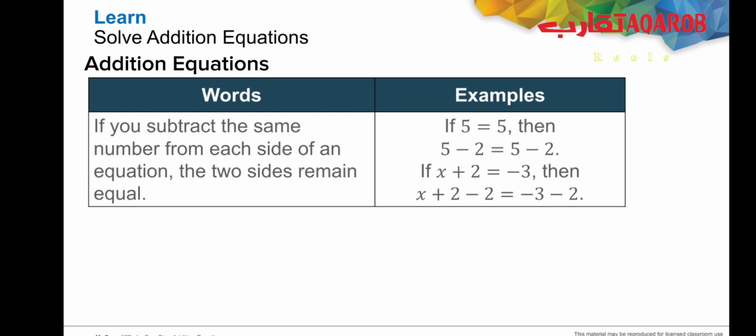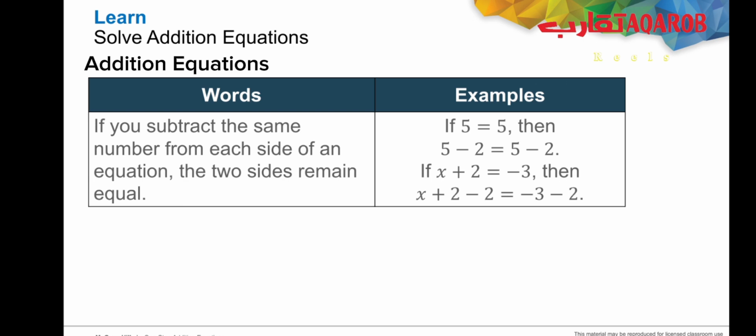So, for example, you want to find the value of x in the equation x plus 2 equals -3. It means keeping x isolated, so I will use the inverse operation. What's the operation here? It's addition, so you will use subtraction.